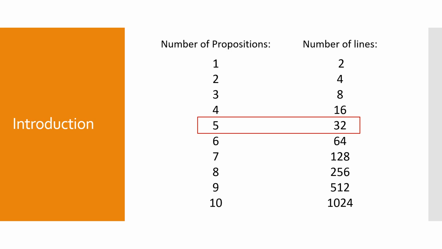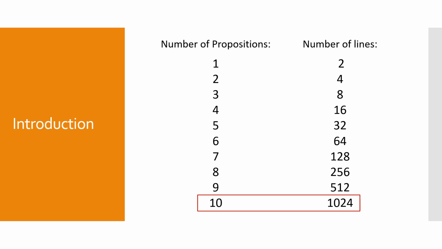For example, if an argument form involves 5 distinct atomic formulas or simple propositions, let's say P, Q, R, S, and T, whatever those stand for, then the truth table needed to solve for this would contain 32 rows. And indeed, every additional simple proposition in the argument doubles the size of the associated truth table.